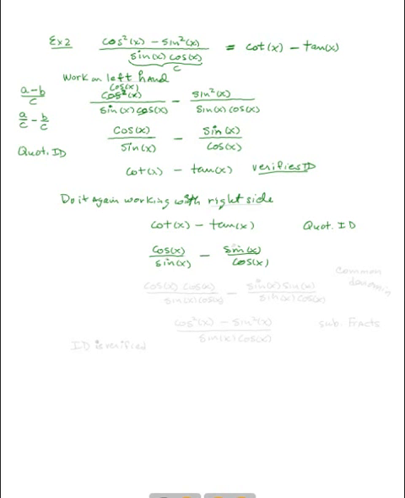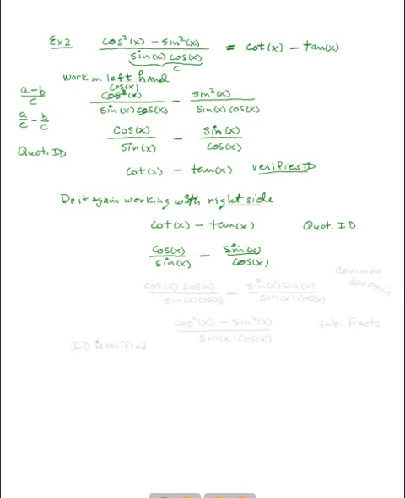Now, at that point, we're still looking at where we're trying to go, and on the left-hand side, there's just one big fraction. And here we have two separate fractions that are being subtracted. So, how do you get from two separate fractions being subtracted to one fraction? Well, you just have to subtract them.